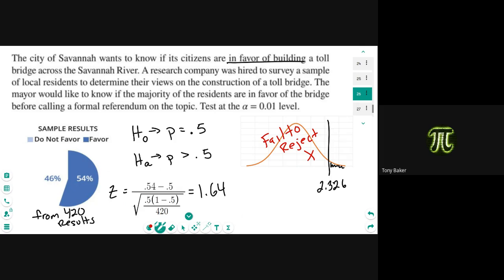Then you need parentheses around that part. Decimal point there. There we go. There's the parentheses, the square root, a decimal point.